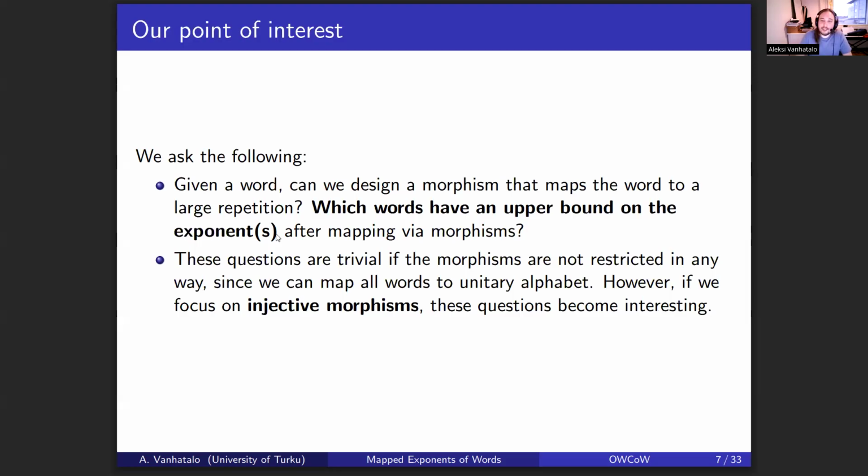And obviously, if we can use any morphisms, then we can just take a periodic morphism. But if we strictly apply restrictions on the morphisms, then these are interesting questions. So we chose injectivity as our definition of non-triviality in this case.